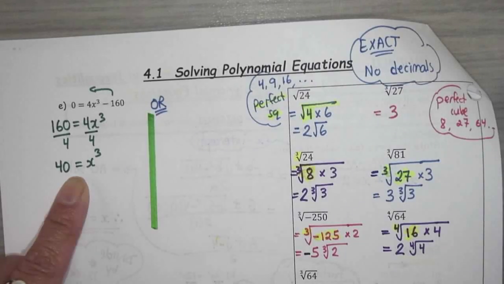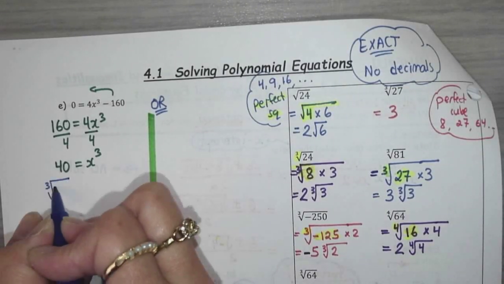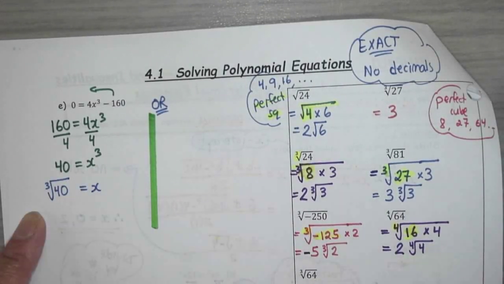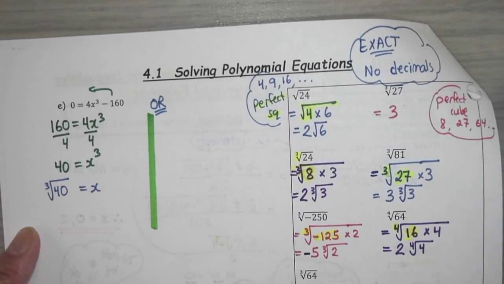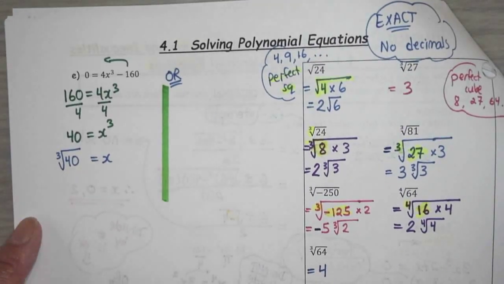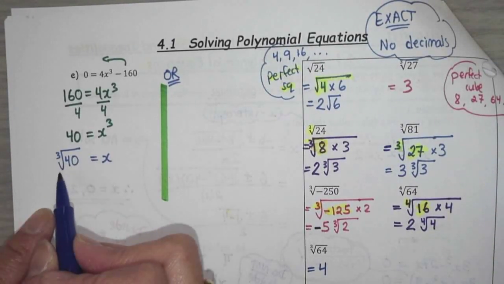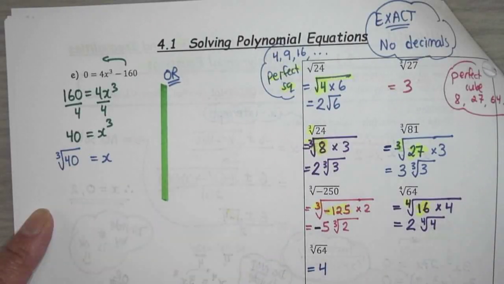So here, when we get to this part, what do we do now? If it's cubed, I want to do the third root of 40. And now I bet she wants exact. So unless I say decimals, we keep exact. So third root of that. Is there a nice perfect cube that I can take out?